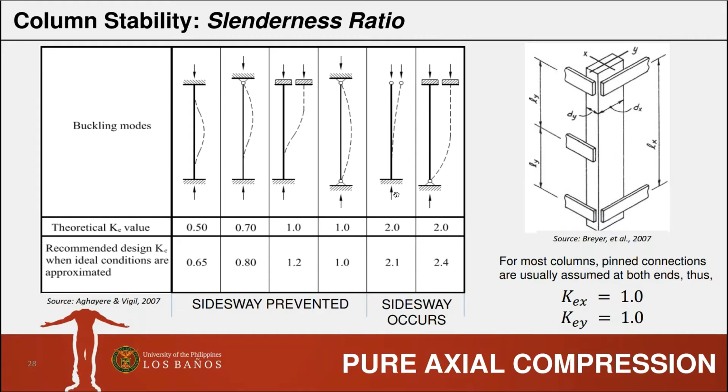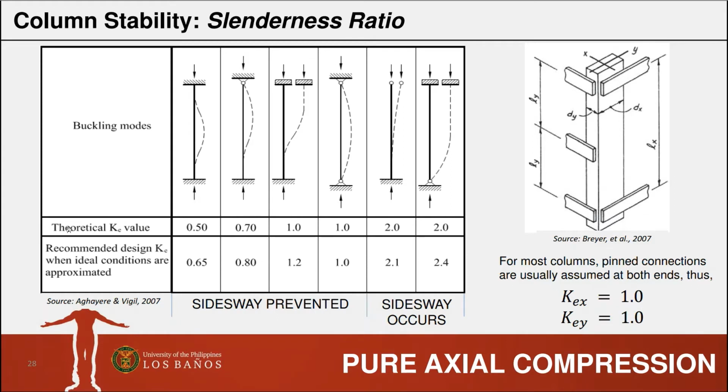Next is this one: the bottom support condition is rotation fixed and translation fixed, while the upper support condition is rotation free and translation free. For the last one, the bottom support condition is translation fixed but rotation free, while the top support condition is translation free but rotation fixed.